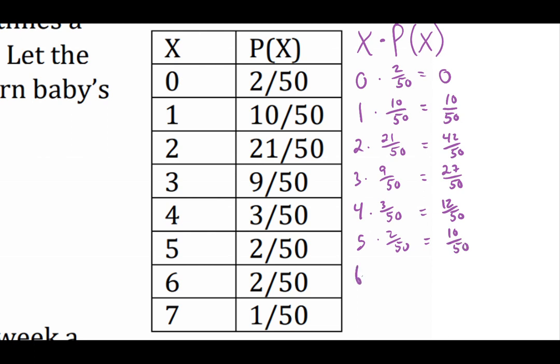And when we multiply these fractions, we're really just multiplying the numerator times the numerator, or as I like to say, the top times the top over the bottom times the bottom. And then lastly, we'll get 7 over 50.